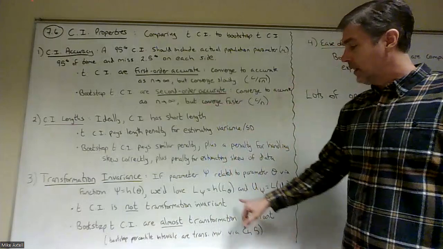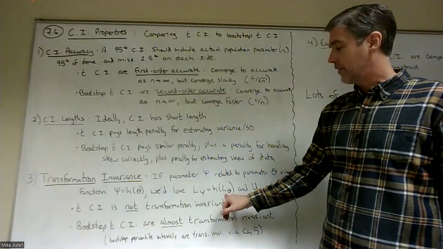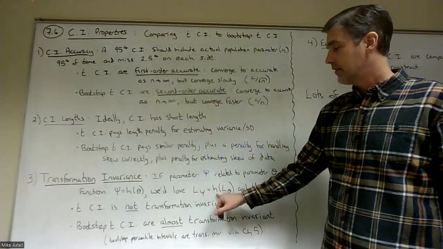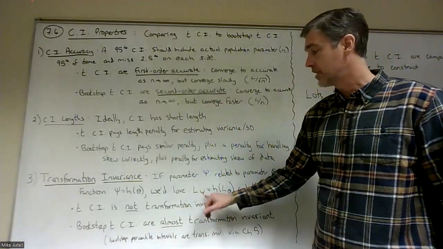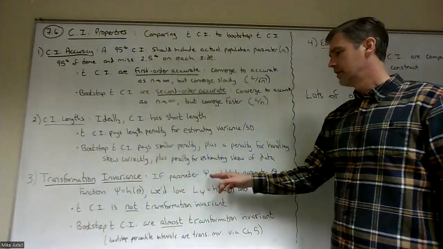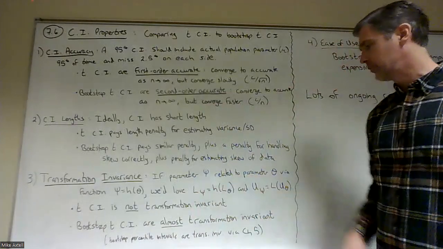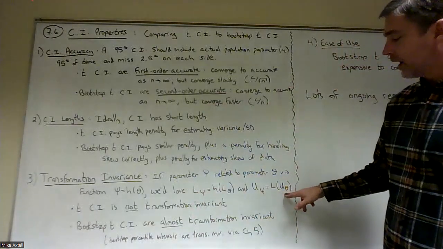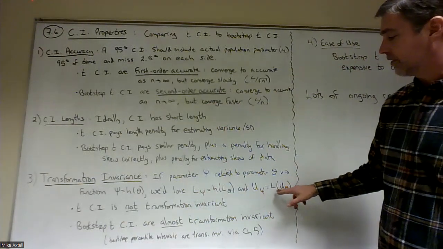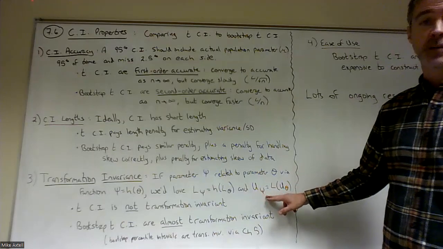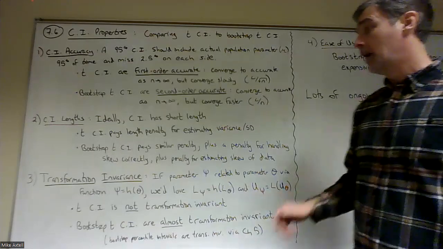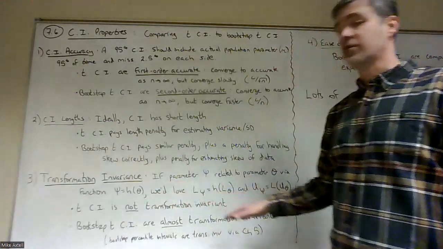And we write that by saying, look, there's the left end of the confidence interval for theta. Let's give it to the function. Will it give me the left end for the confidence interval for sigma? That'd be nice. I don't know if that's sigma or not, but whatever that symbol is. And similarly, can I take the right end of the confidence interval for theta, and the function will map it over to the right end, the upper bound of the confidence interval for sigma? That'd be awesome. The t confidence interval is not transformation invariant.